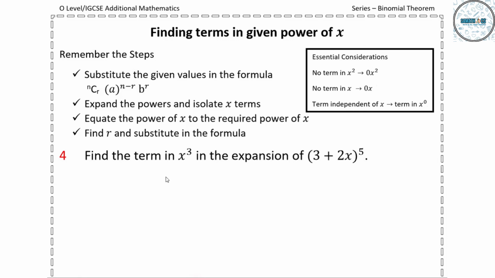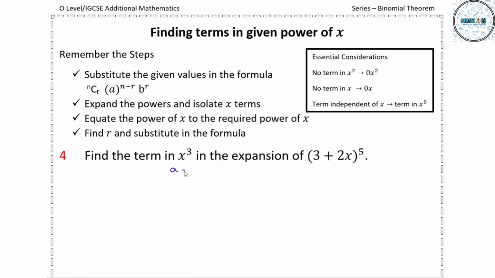Let's do a question related to it. Find the term in x cube in the expansion of (3 + 2x)^5. We have to find the term in which x has power 3. So we have to remember these steps. First of all, we will substitute the values in the formula.